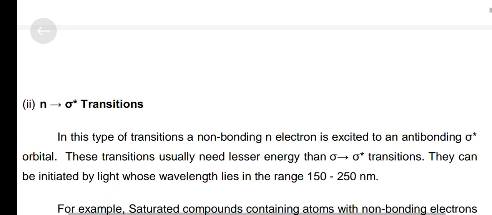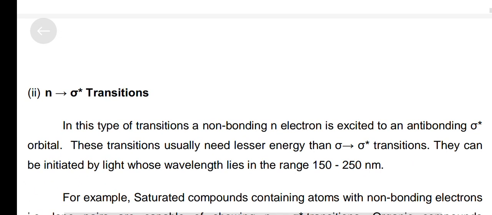n to sigma star transition. In this type of transition, a non-bonding n electron is excited to an antibonding sigma star orbital. These transitions usually need less energy than sigma to sigma star transitions. They can be initiated by light whose wavelength lies in the range 150 to 250 nanometer.